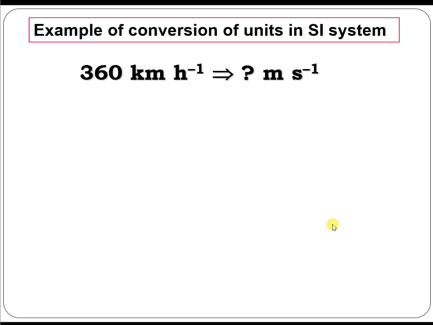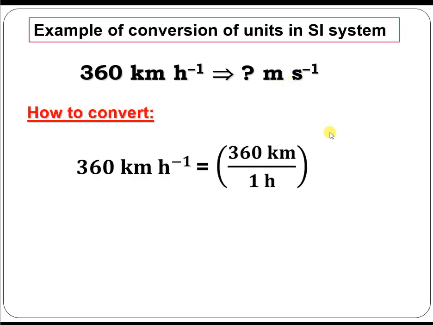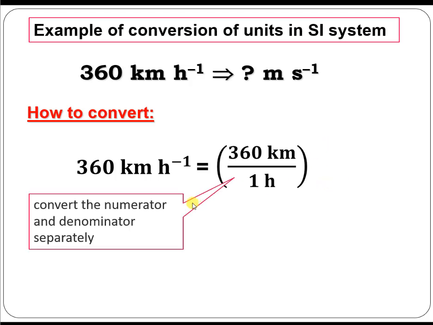How about converting compound units? Sometimes our physical quantities have more than one unit. For example, from kilometer per hour, we need to change to SI unit meter per second. For this type of unit, we convert the numerator and the denominator separately.